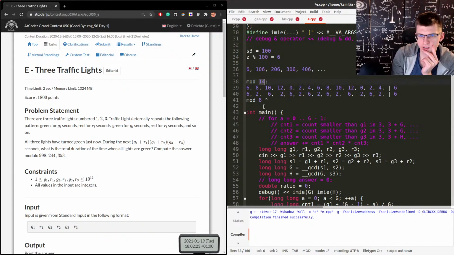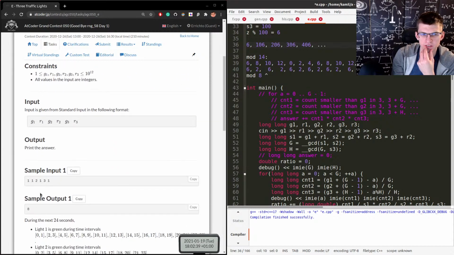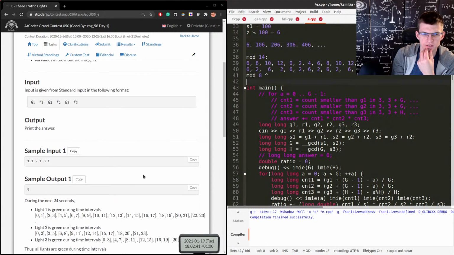So 14 and 8. Also I can just implement this new idea and let's check if it works.